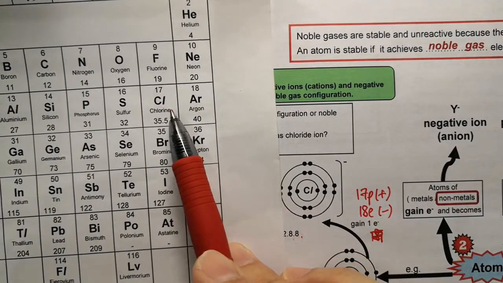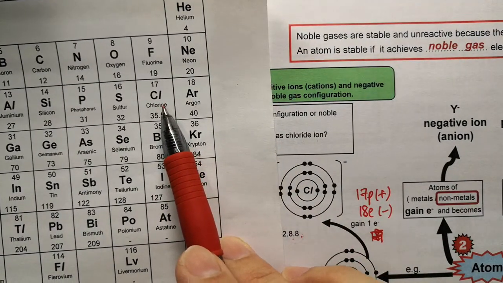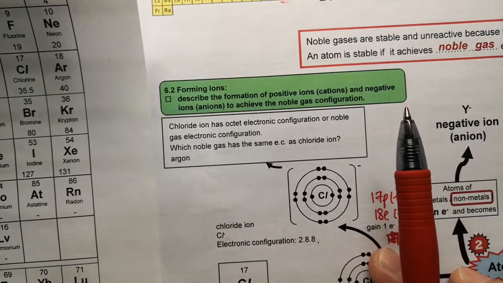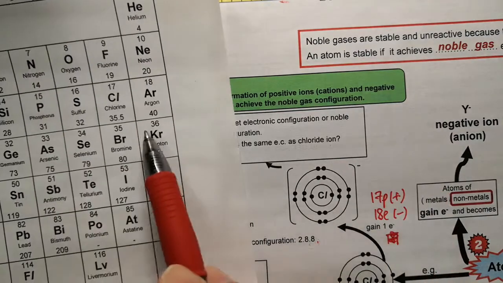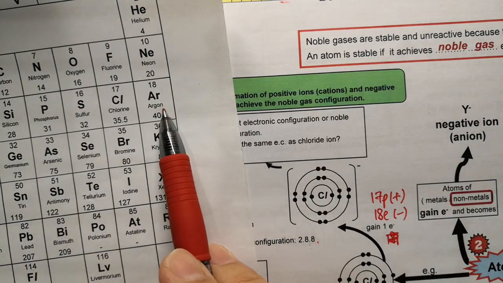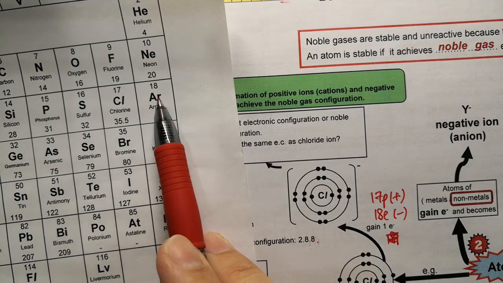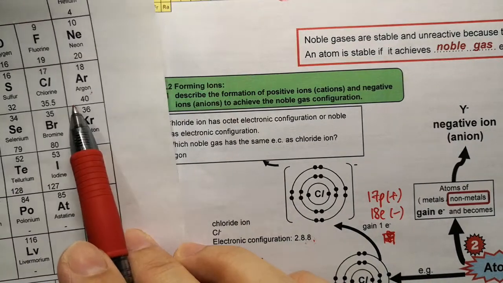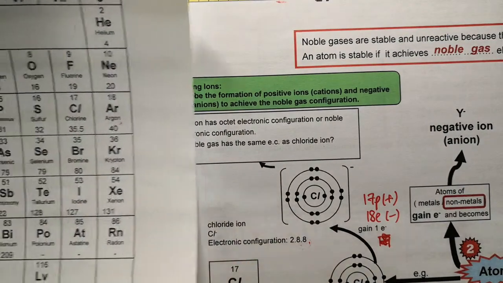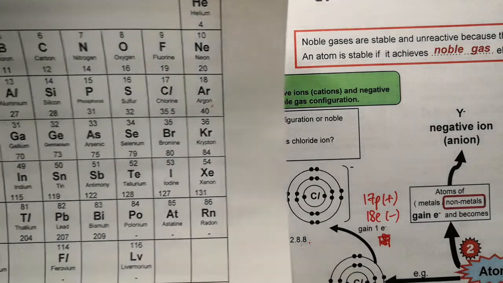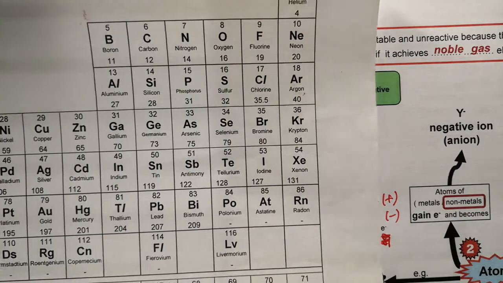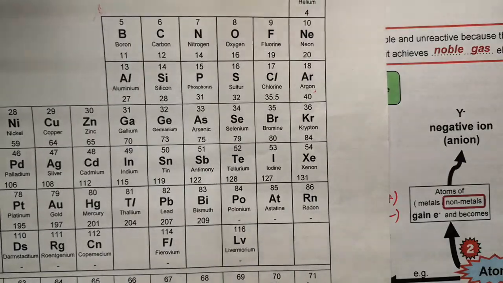Okay, so when a non-metal becomes an ion, it has the same electronic configuration as the noble gas in the same period, because chlorine and argon are in the same period. When a metal becomes an ion, it has the same electronic configuration as the noble gas in the previous period.